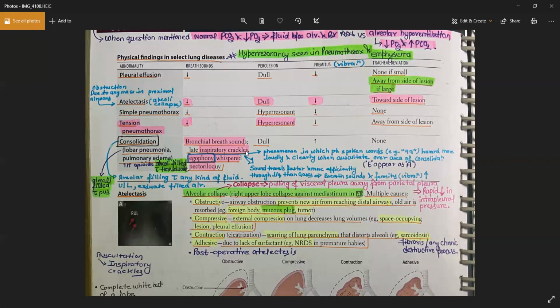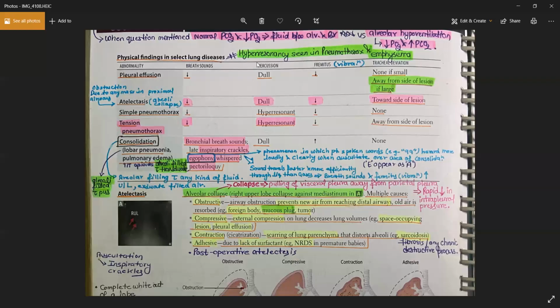Because of the presence of protein-rich fluid, the alveoli can collapse, so this can produce crackles because of forceful opening of these alveoli. Egophony will also be present. When you ask the patient to say E, this E will appear as A on auscultation. So this can also be present.